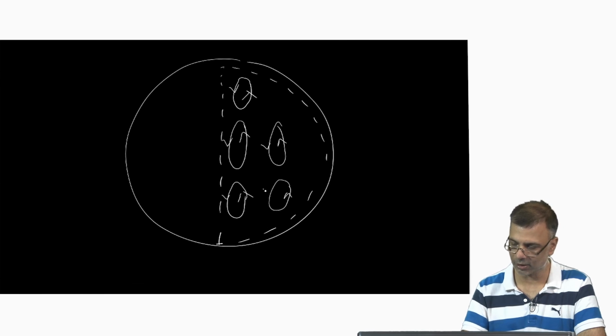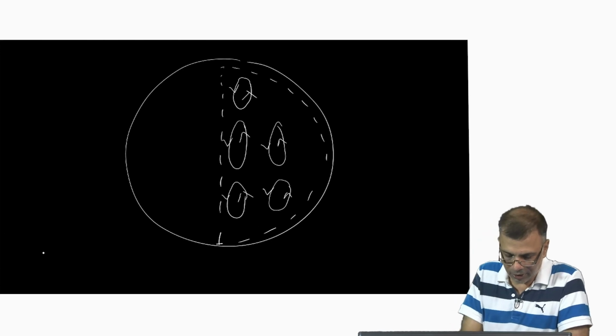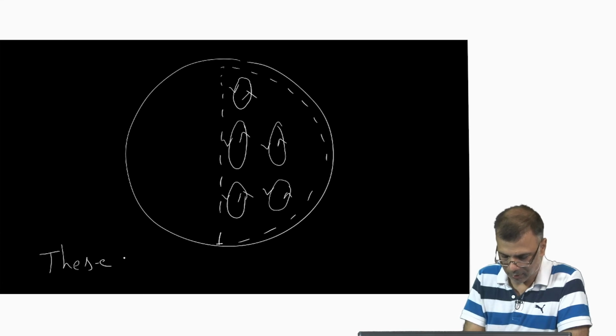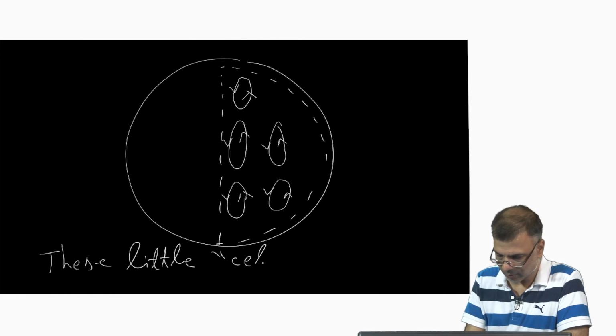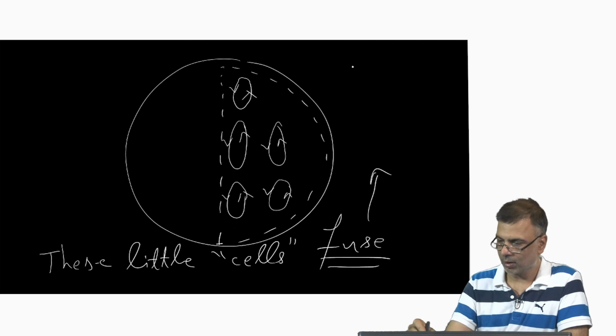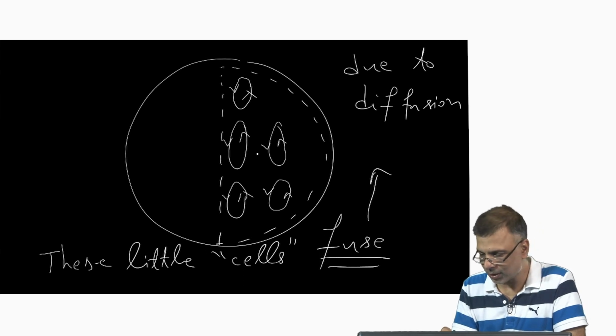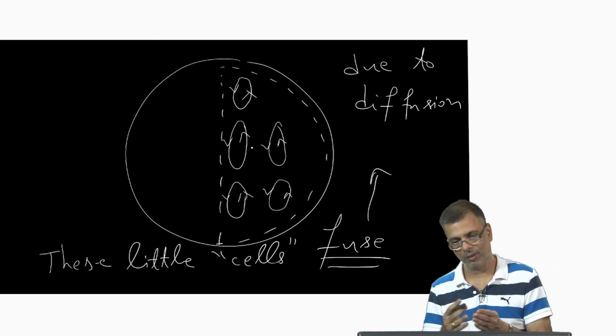These are little convective cells deep inside the solar atmosphere, and what happens is these convective cells, these little cells, which are each of these guys, fuse due to diffusion. In other words, the boundary between this cell and that cell kind of merges, they fuse.